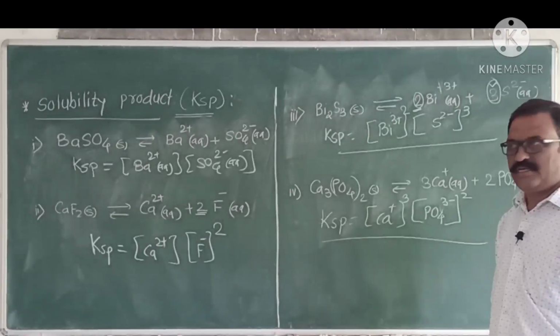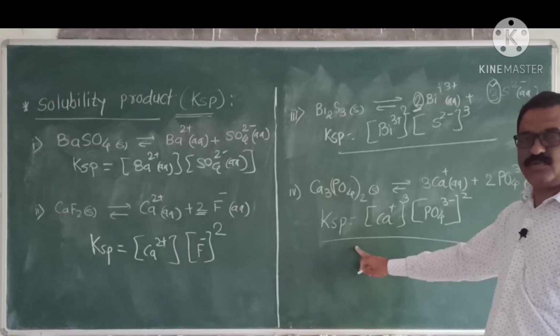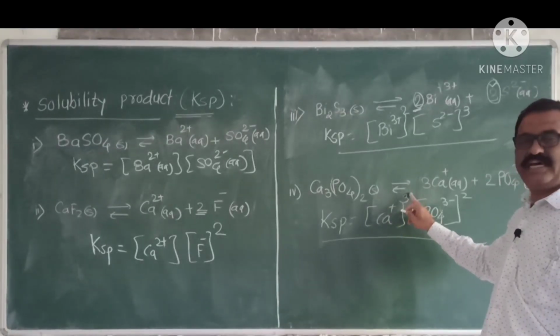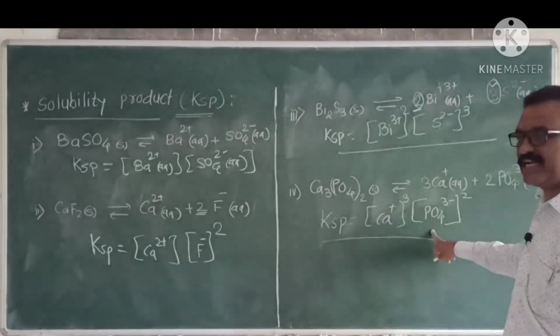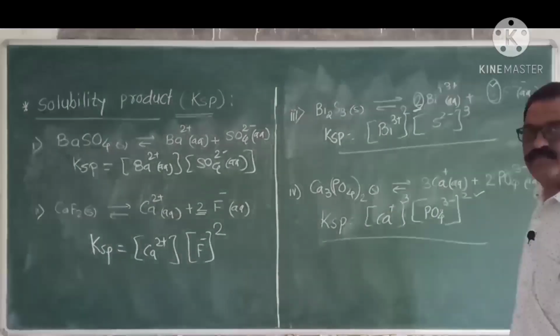Hence, for calcium phosphate, the solubility product is equal to the concentration of Ca2 plus raised to 3 into the concentration of phosphate PO4 3 minus raised to 2. Okay.